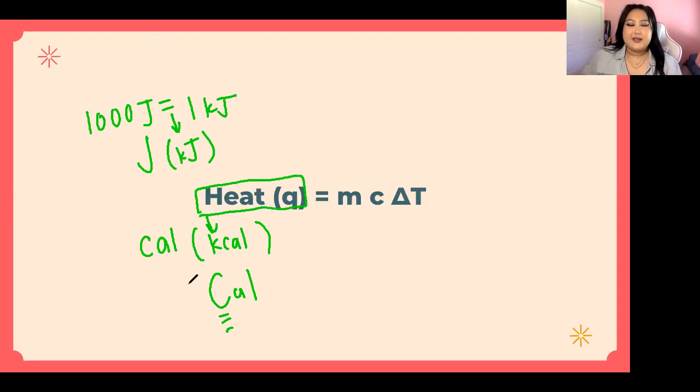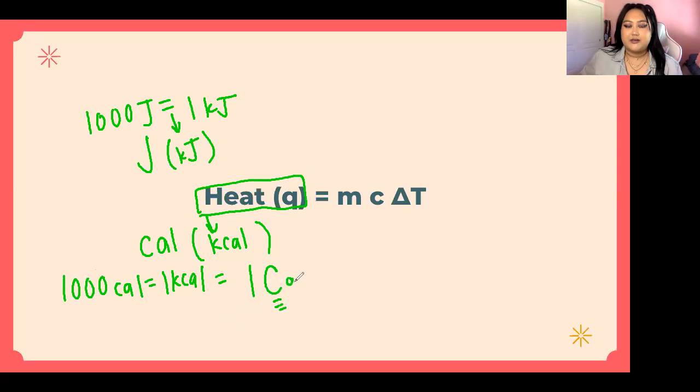In the same way, it's 1,000 calories, like small ones, for 1 kcal, and it's also 1 big calorie. Any questions on the unit conversions, or conversion factors?